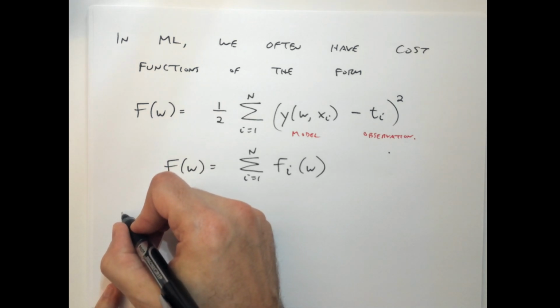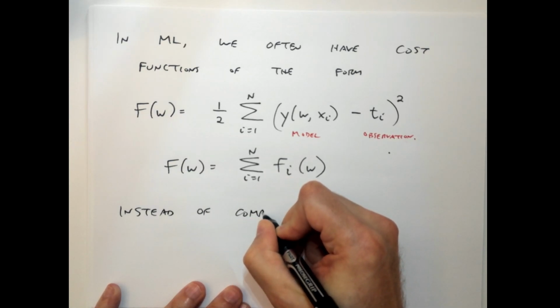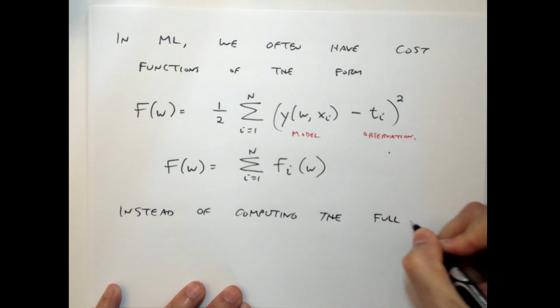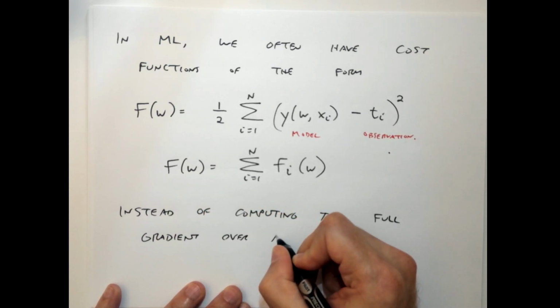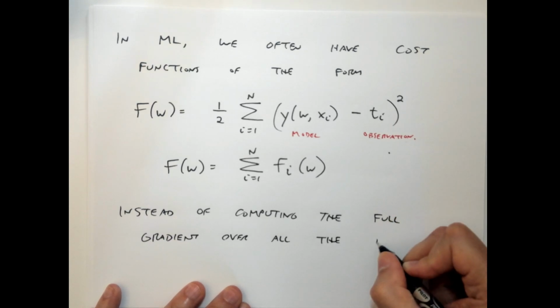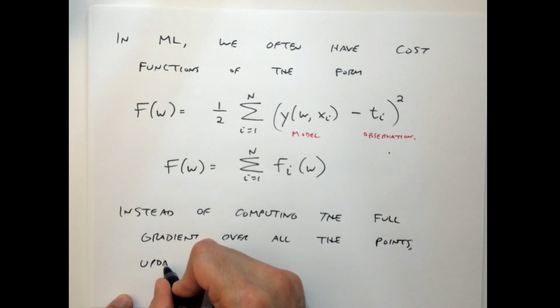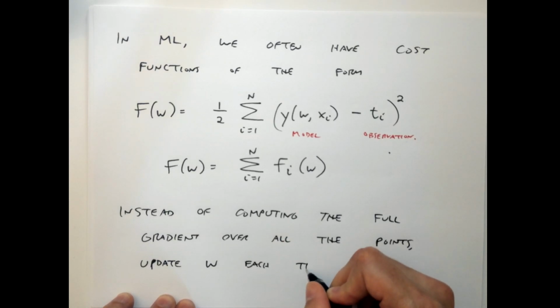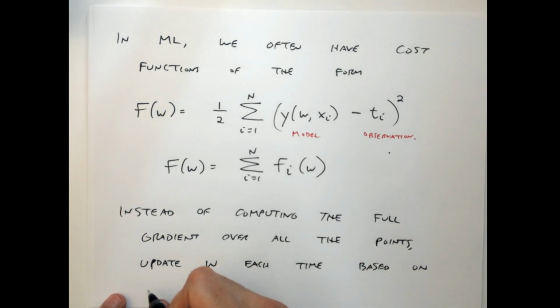So the idea is that instead of computing the full or true gradient over all the points, what I do instead is I update W each time just based on a smaller sample.